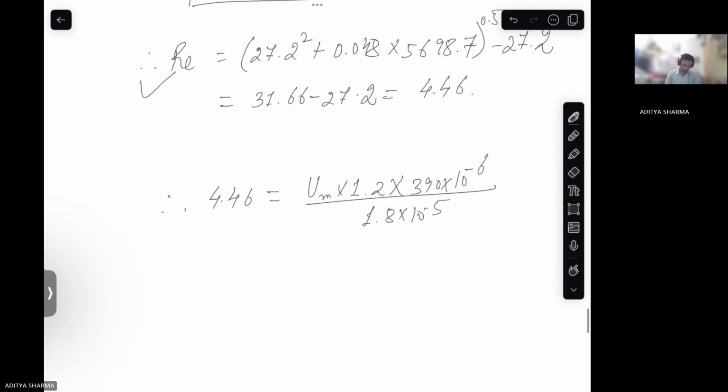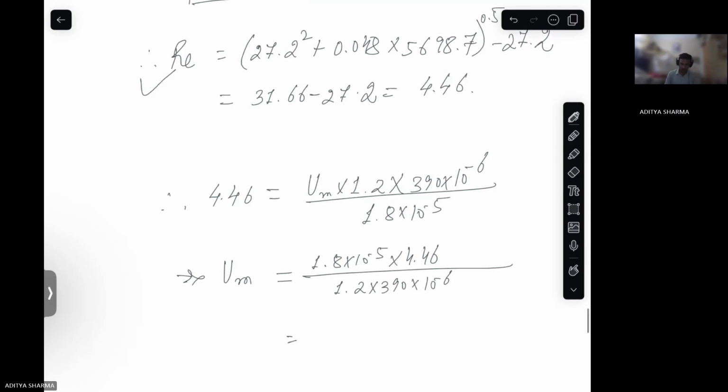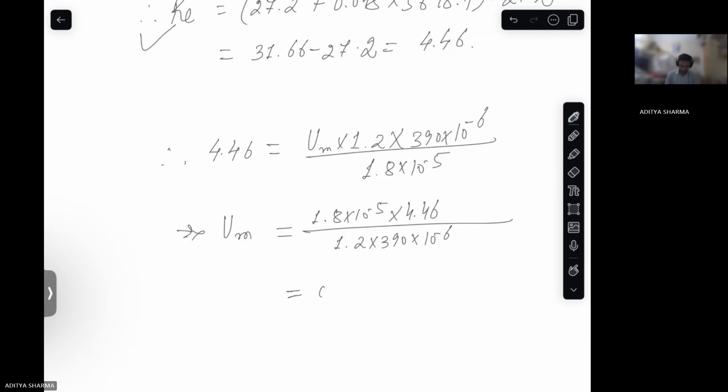This implies Um equals, if you calculate this, 0.17 meter per second.